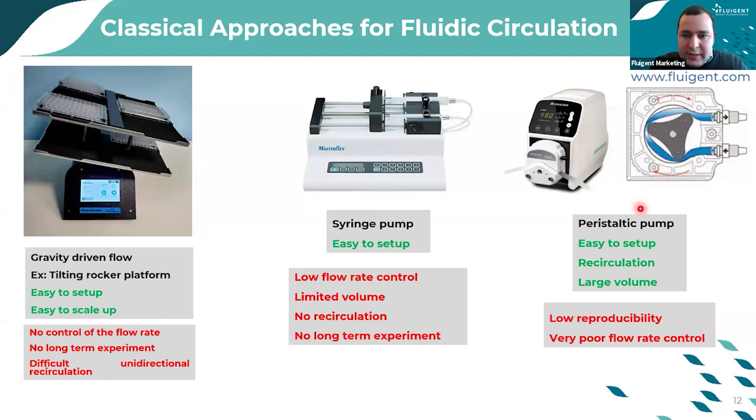It is easy to set up. You will have a recirculation loop in your system, and it can work with large volumes. However, again, with the mechanical force on the liquids, you will have low reproducibility and very poor flow rate control compared to pressure sources.